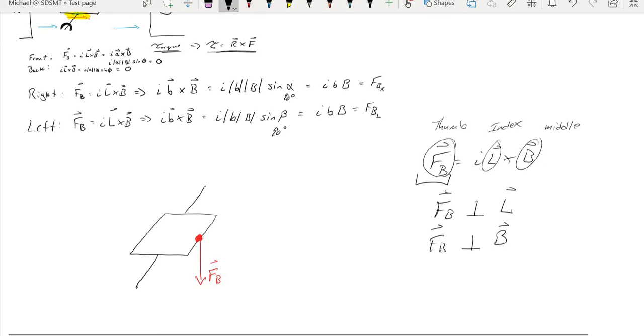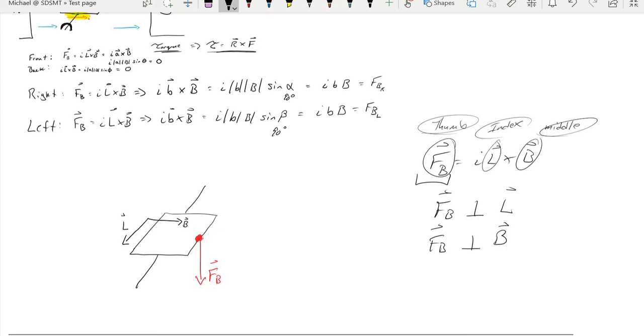If we look at what is happening to the left hand side of the loop, we have our displacement vector L coming out of the page. We have our magnetic field line that is still pointing to the right. We'll go through the same method of evaluating the cross product. We now have to have our index finger pointing out of the page, so towards you.